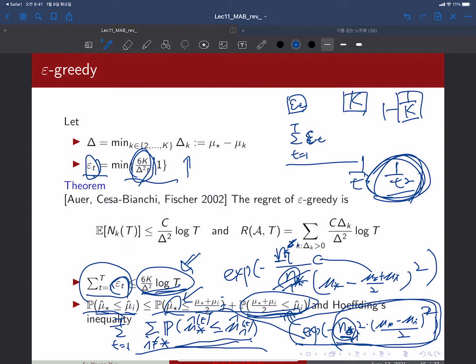But again, this is not good news, because to make 1 over t cube, you need to increase this part more. Okay? So there is a trade-off between this concentration inequality and this exploration bound. When you increase this exploration regret, you can have less probability summation.